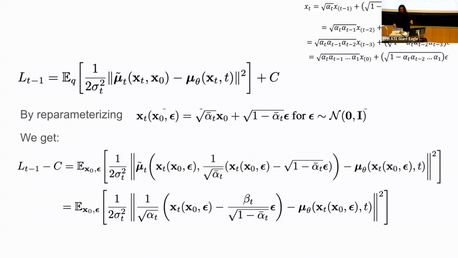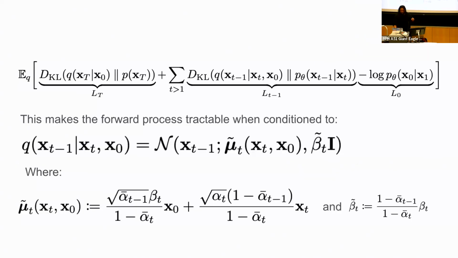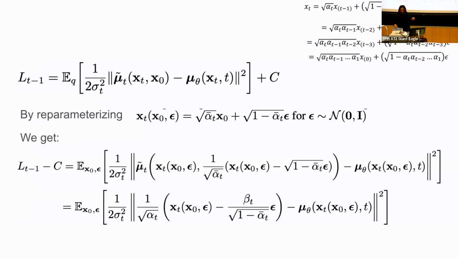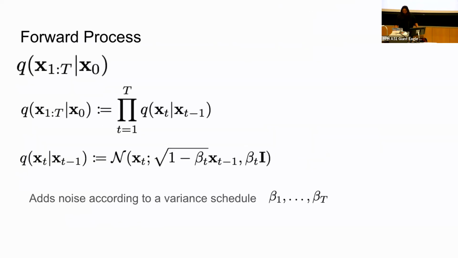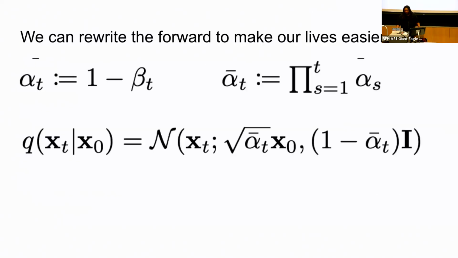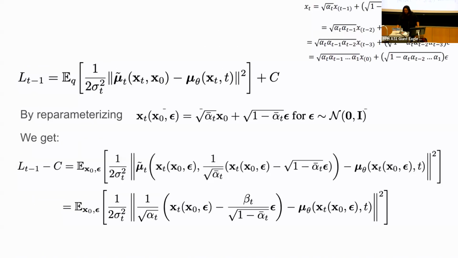In the upper right-hand corner, you'll see all the steps of how we got here from equation 4, which was our forward process. So this is just reparameterizing our forward process, if I recall correctly.